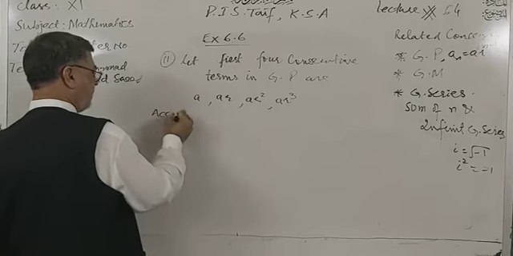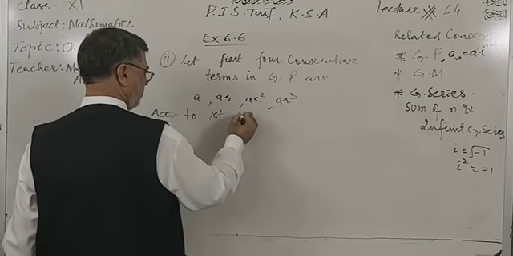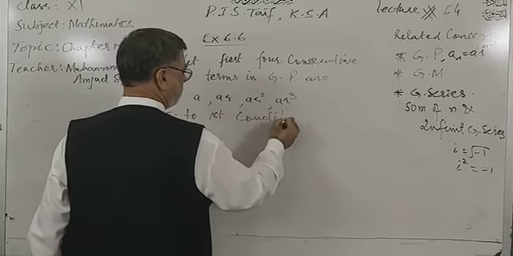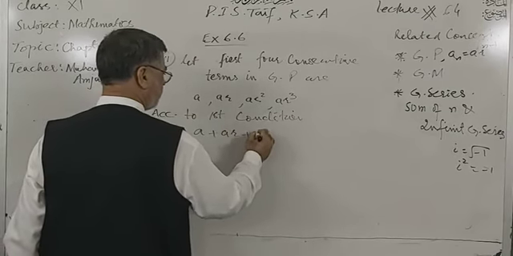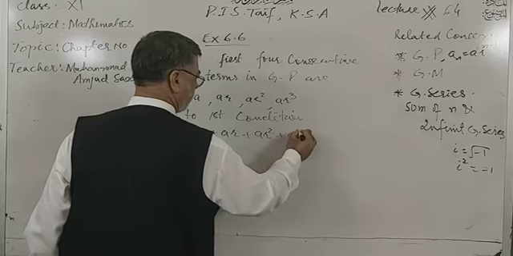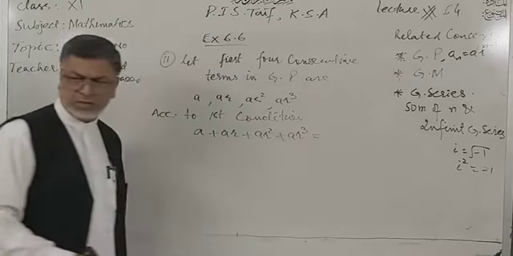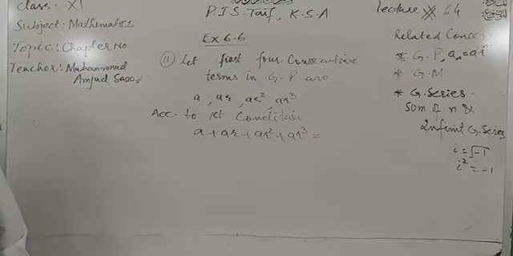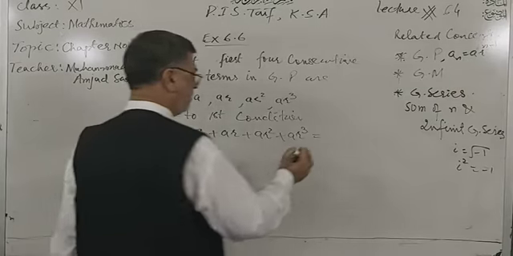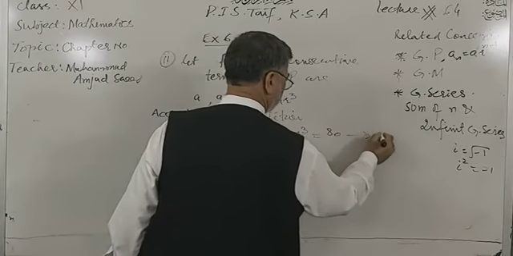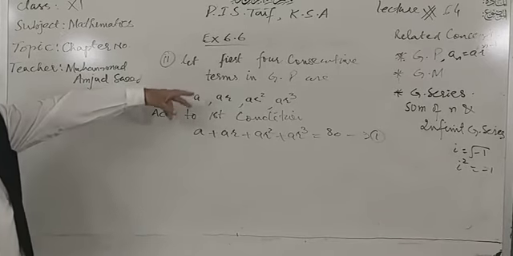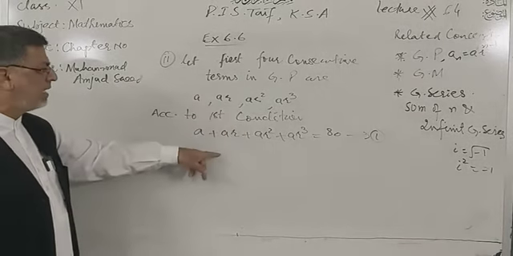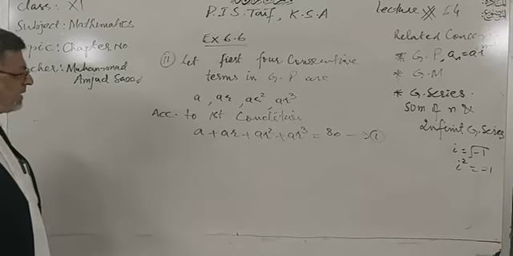According to first condition, their sum is A plus AR plus AR square plus AR cube is equal to 80. That is equation number 1. Sum of the first 4 consecutive terms of GP is equal to 80.